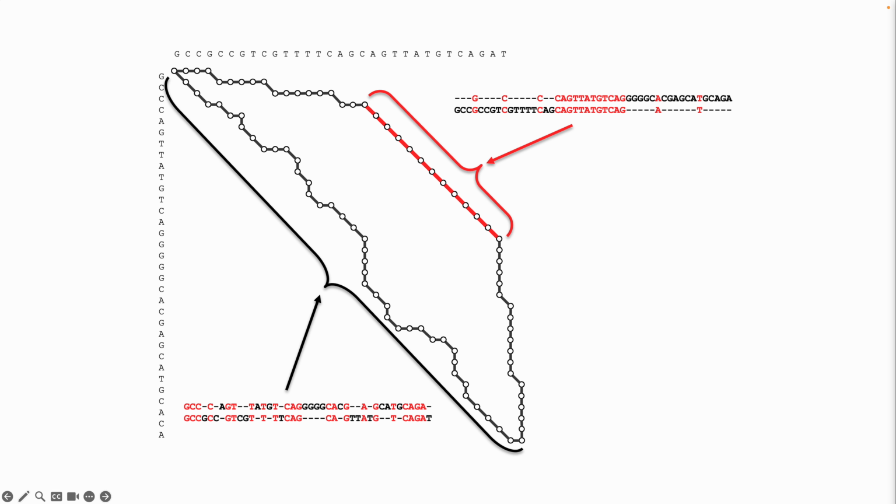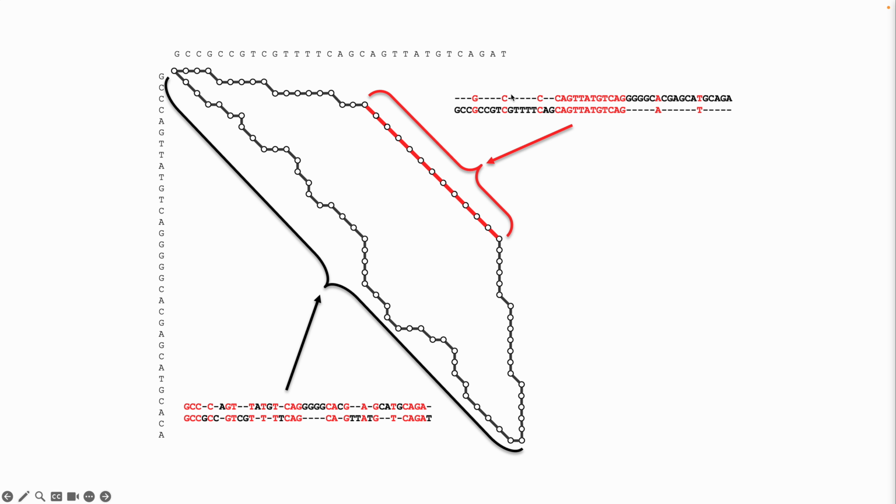So what does that look like in a big alignment? Again, now I've drawn the graph where I've got a sequence across the top and the left. The global alignment, the one that gave alignment 1 in the previous slide, is down there on the bottom.